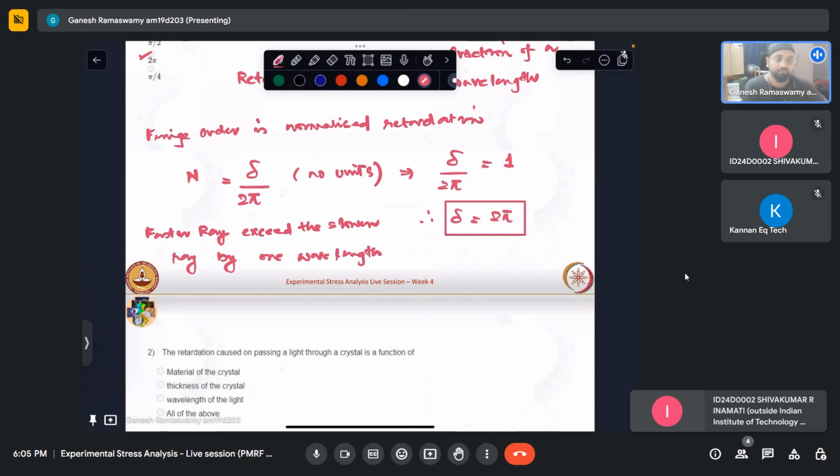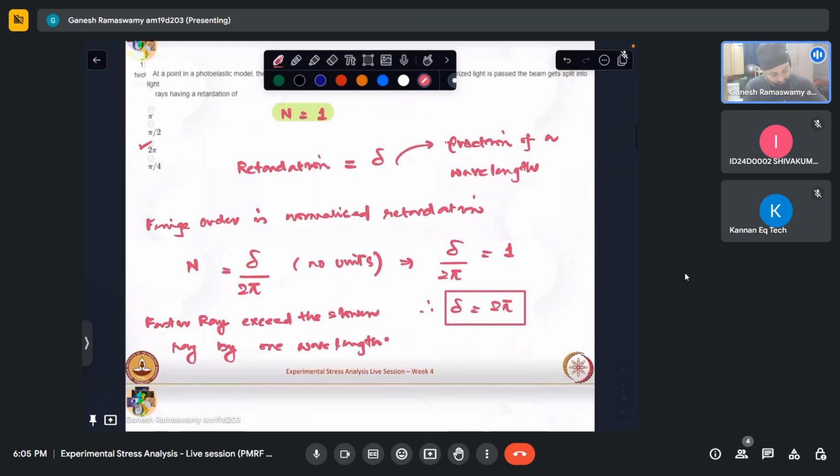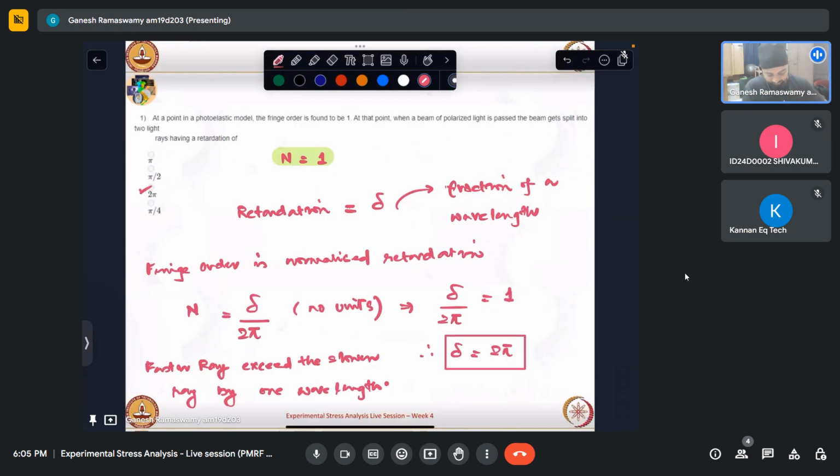So that is what delta equaling 2 pi means, which is denoted by our fringe order equaling 1.